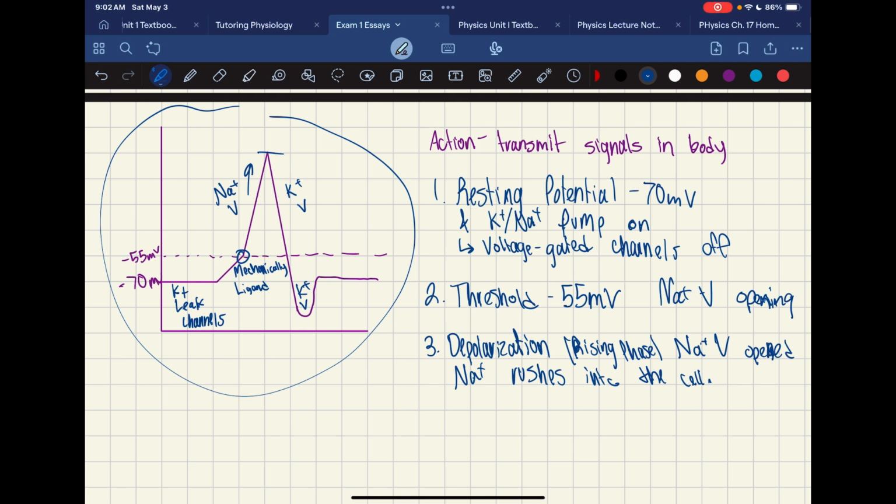That's just due to the voltage channels opening, which is a result of the cell becoming more positive. Then we have repolarization, which is the falling phase.